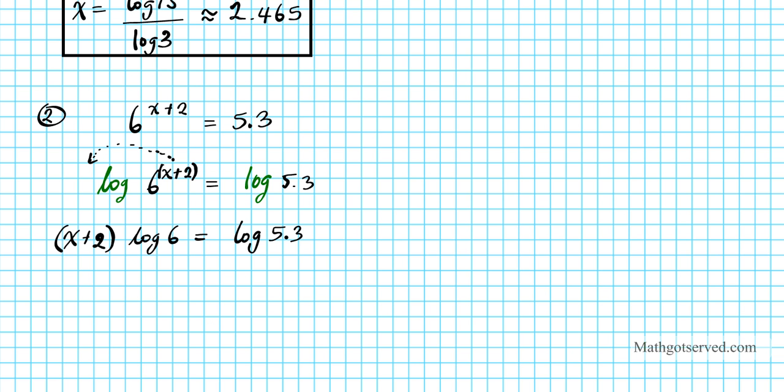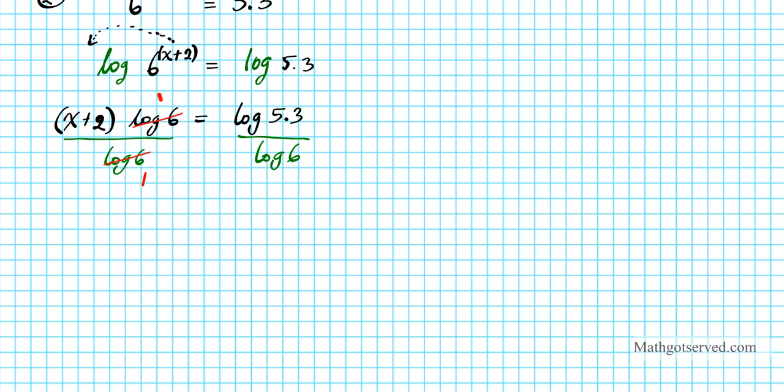Now, next thing I'm going to do is this, let's see. We can divide by log 6 and then subtract 2, or we can distribute, subtract, and divide. So let's divide first. Whichever way we use, we're going to get the same answer. But let's just divide first. Divide both sides by the common log of 6. All right, on the left side, you notice that these two divide out to 1.